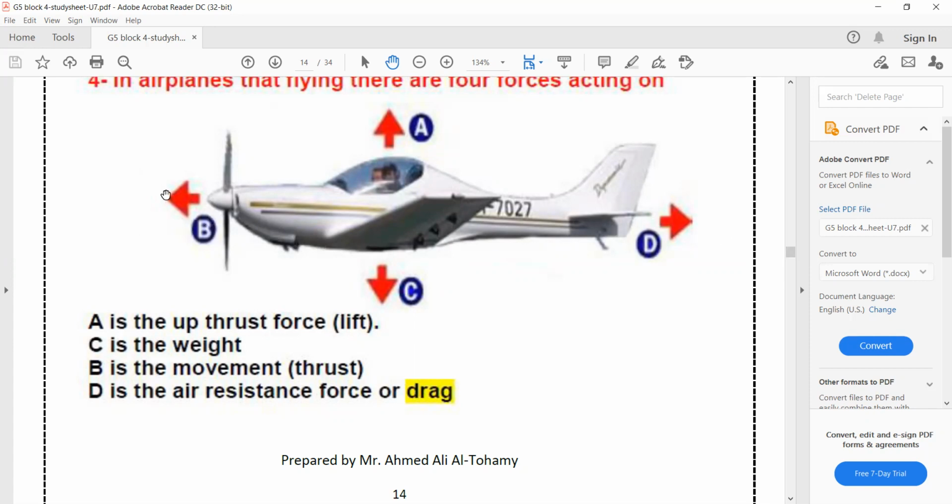But when the plane moves forward and its speed increases, the thrust force will be larger than the drag or the air resistance force.